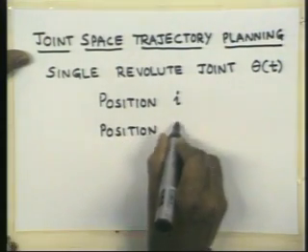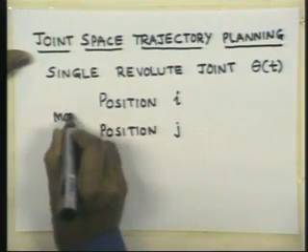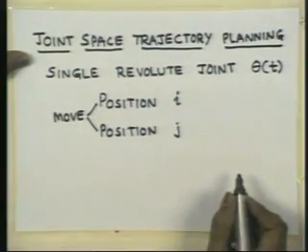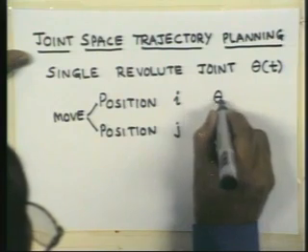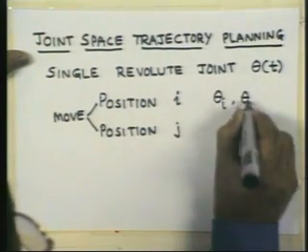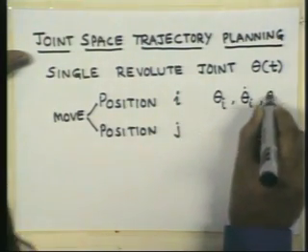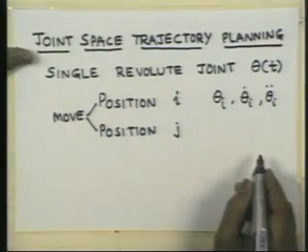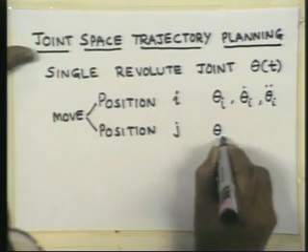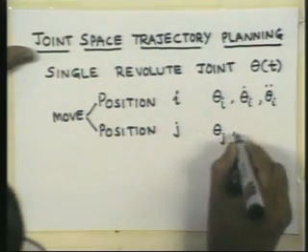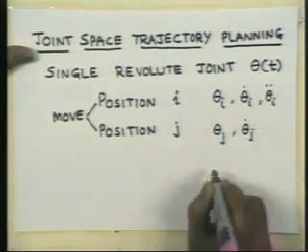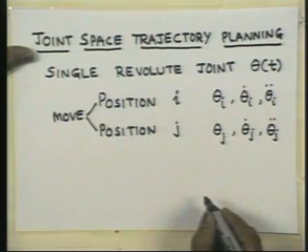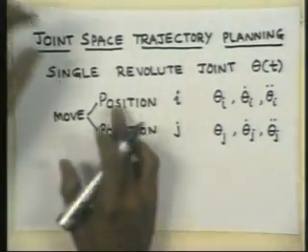So, move from position i to position j. That means, specified theta i dot, theta i double dot, in general, acceleration also could be specified, to position theta j, certain velocity theta j dot and certain acceleration theta j double dot, in between 2 points.